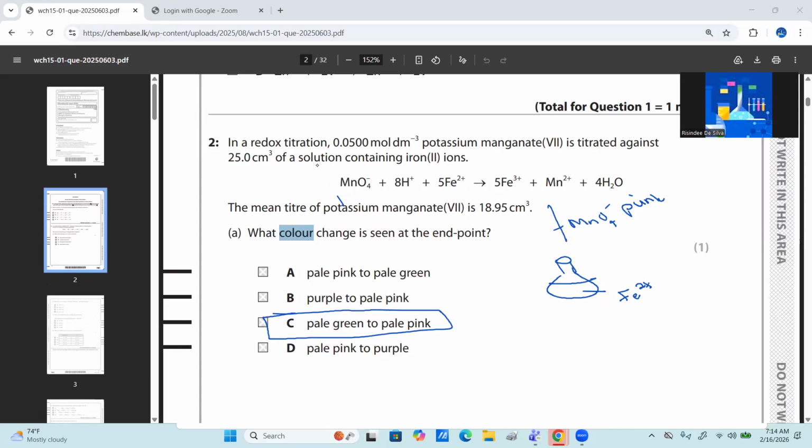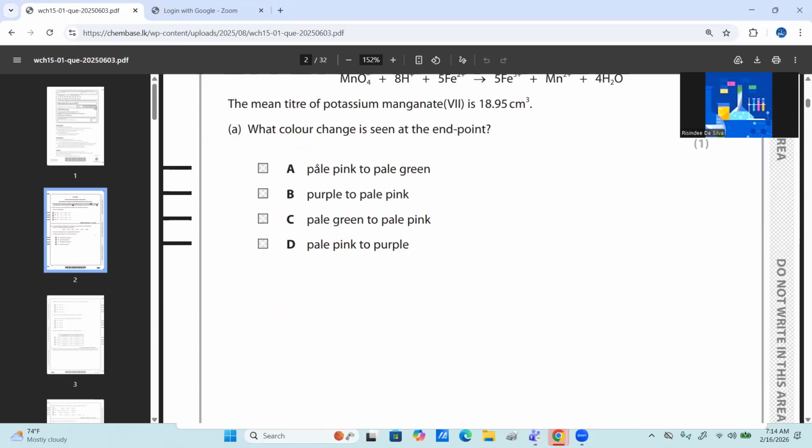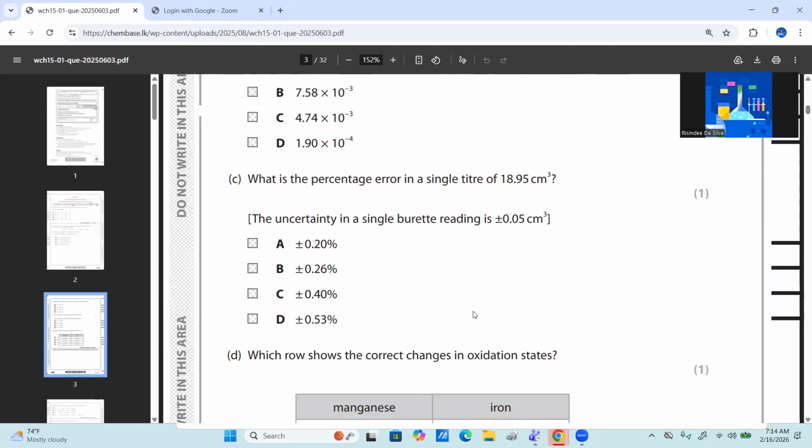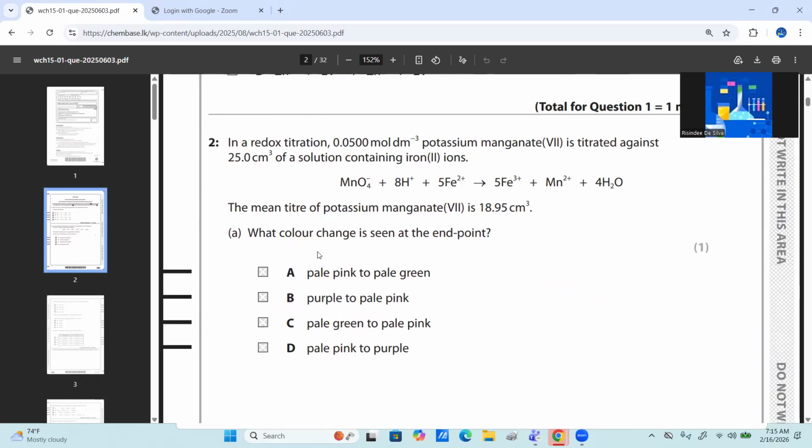Then the next one. What is the concentration of Fe2 plus in the solution? Right. So children, according to this, we know the concentration of permanganate and the volume of permanganate.